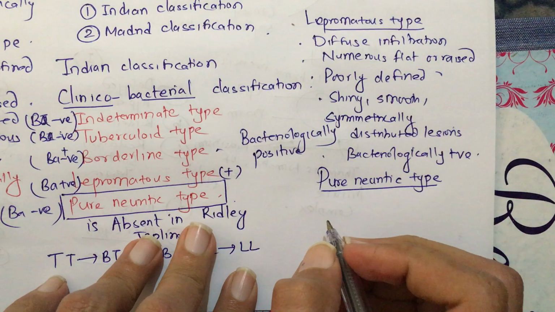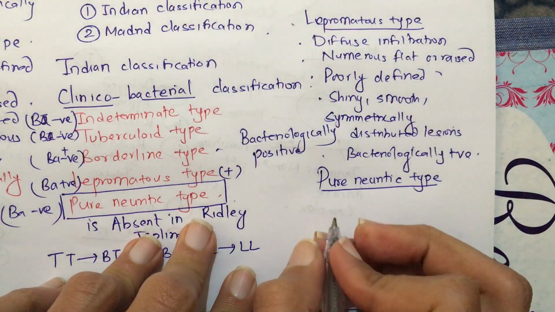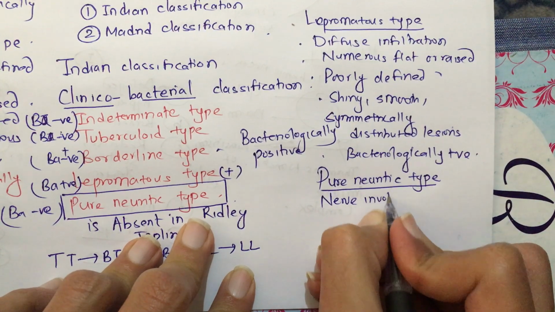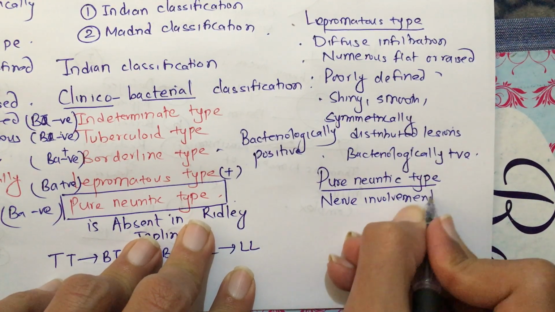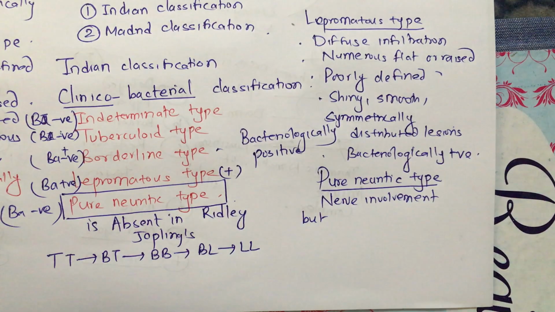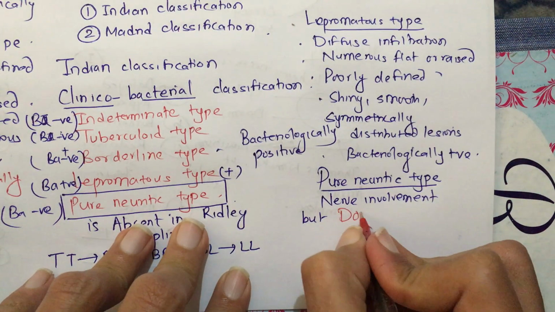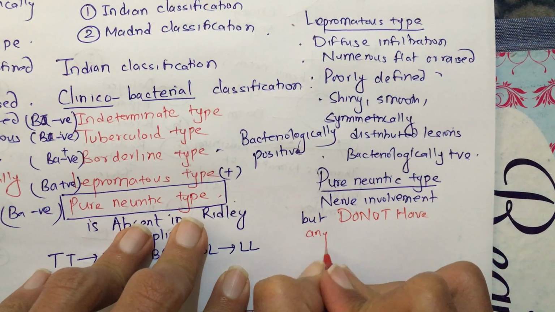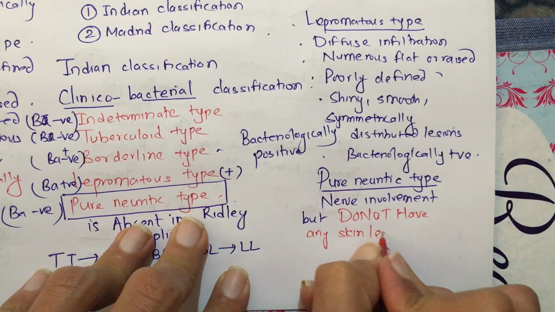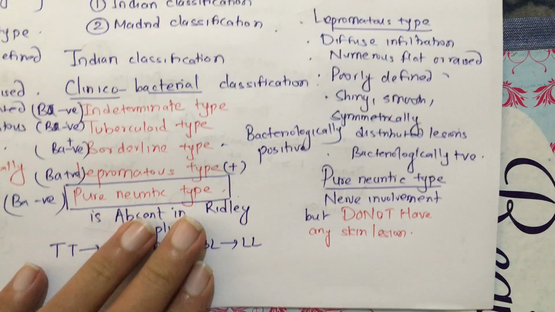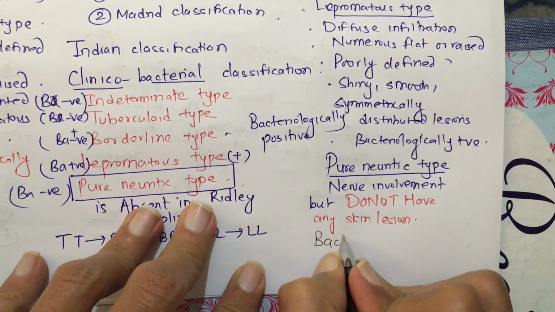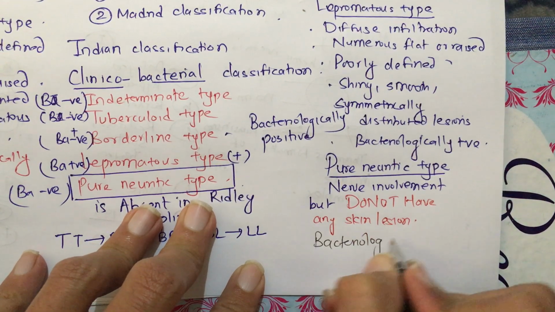This type denotes those cases of leprosy which show nerve involvement but do not have any skin lesion, and they are also bacteriologically negative.